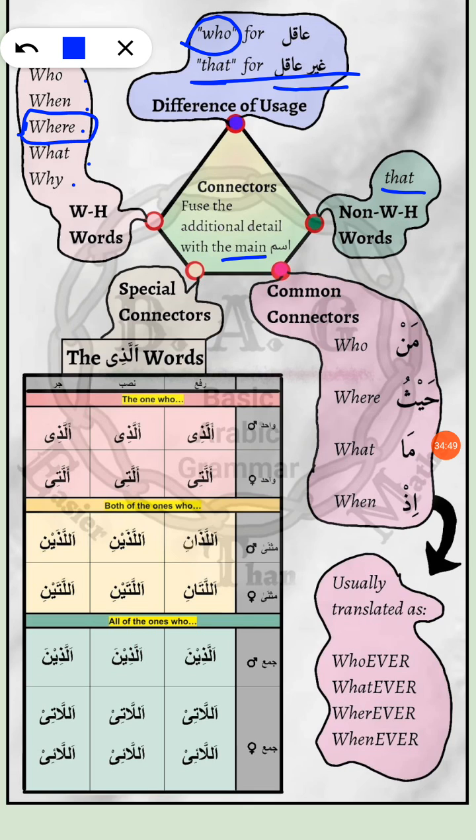All right, now in Arabic we had two kinds of connecting nouns. They can either be the special connectors, and they're called the allazi words. Or they could be the common connectors, such as man, which means who, haisu, which means where, ma, which means what, is, which means when. And usually they are translated as whoever, whatever, wherever, whenever. So a subtle stress is present in these words. So that's what you need to know.